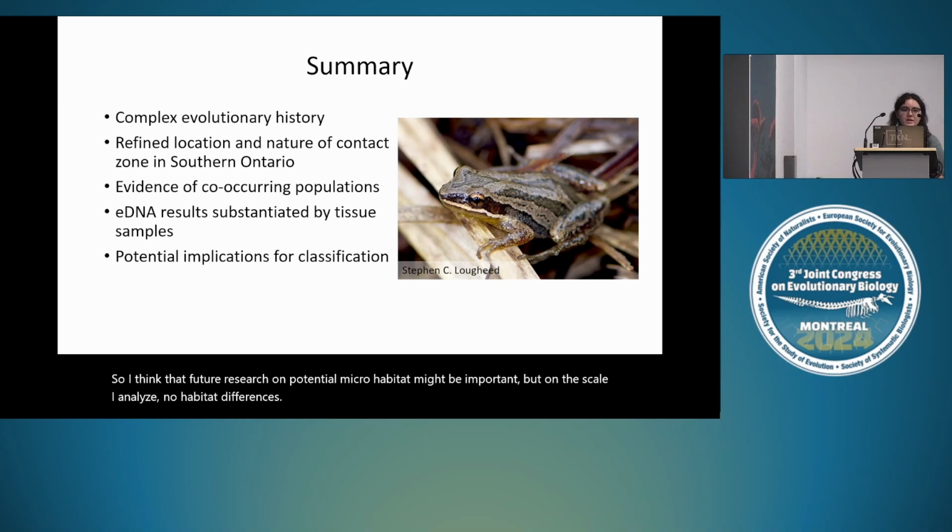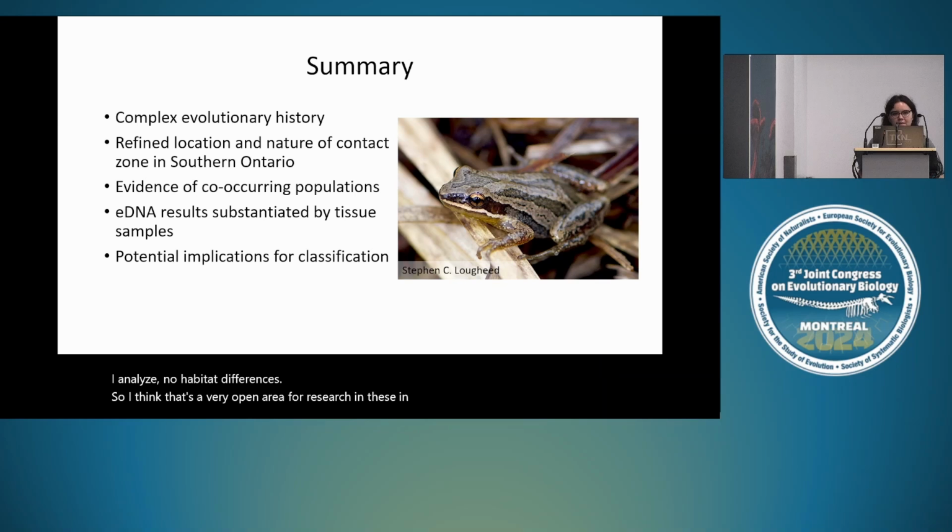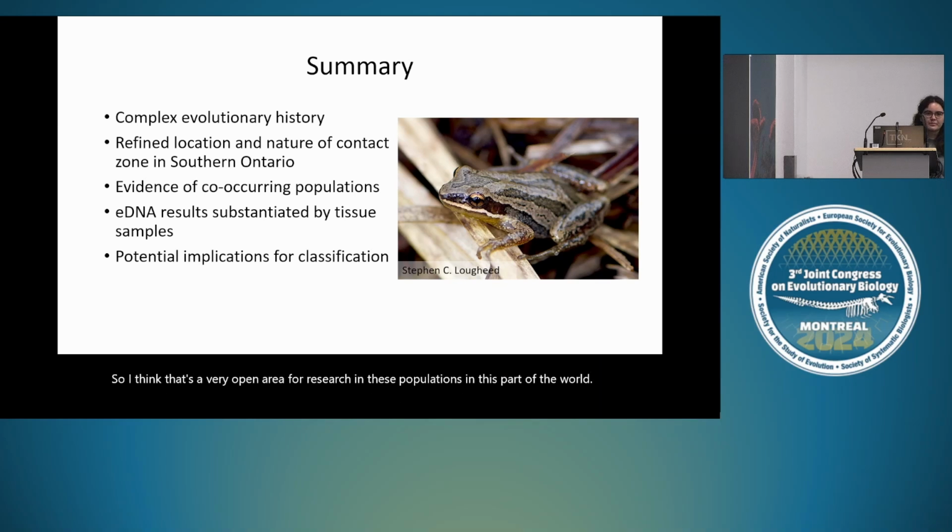So I think that's a very open area for research in these populations in this part of the world. All right, and I think I am almost out of time, so thank you all.